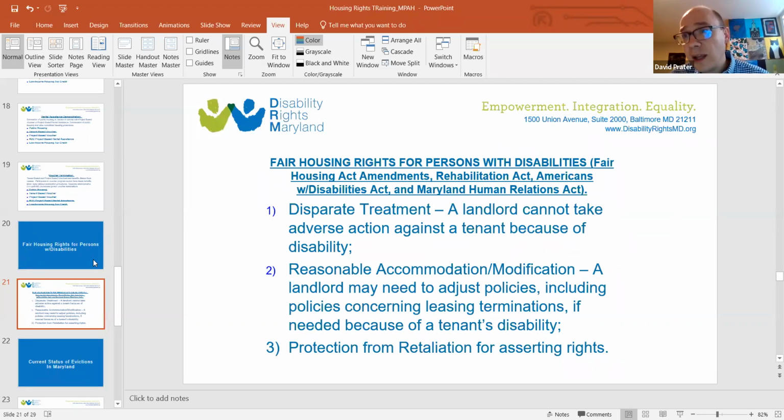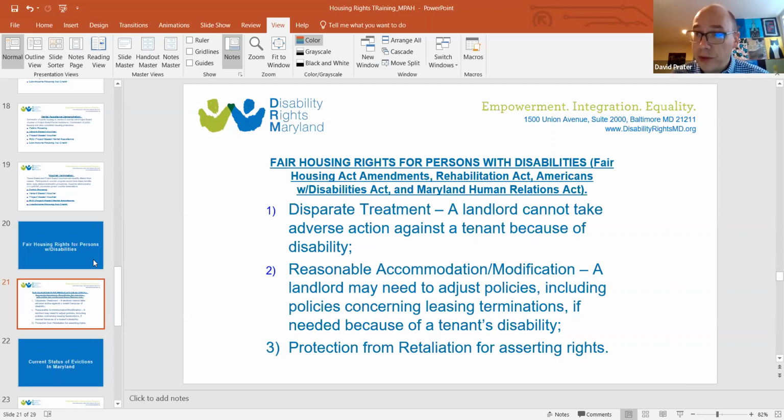And let me give you an example of what that might look like. In one instance, we had a case where a tenant had a child with a disability, and she needed some accommodations to address his disability-related need.